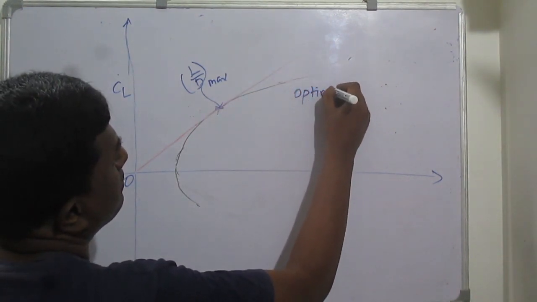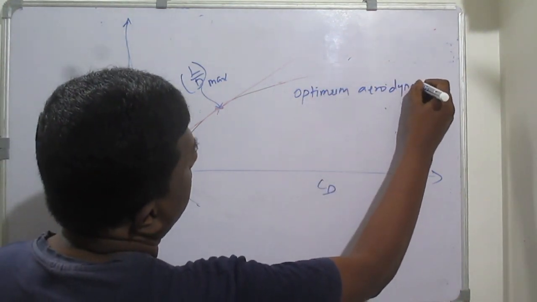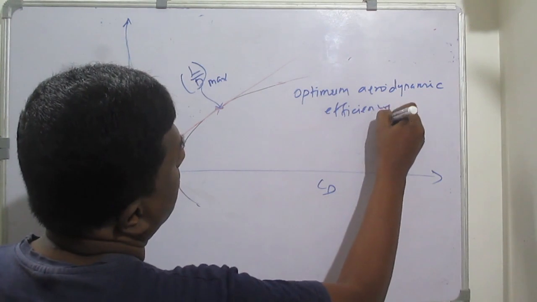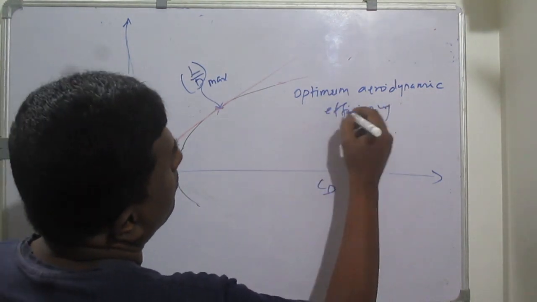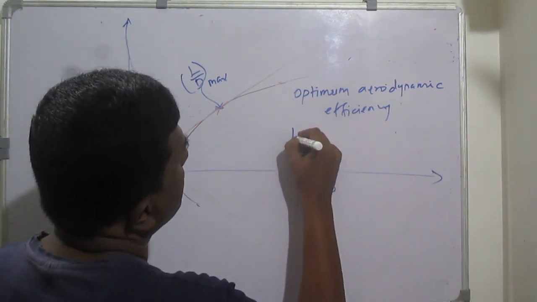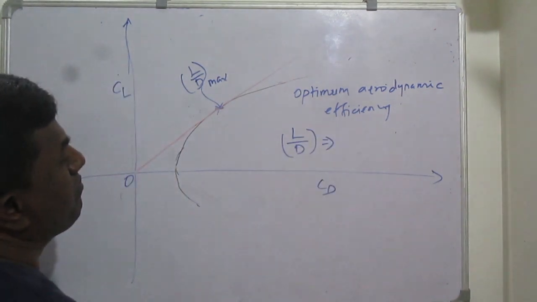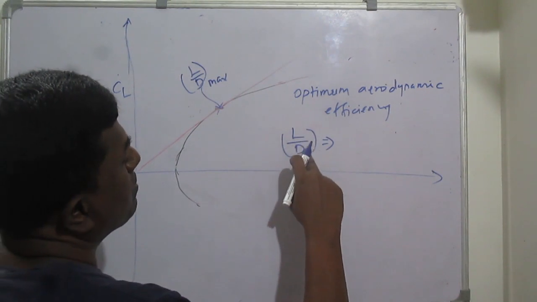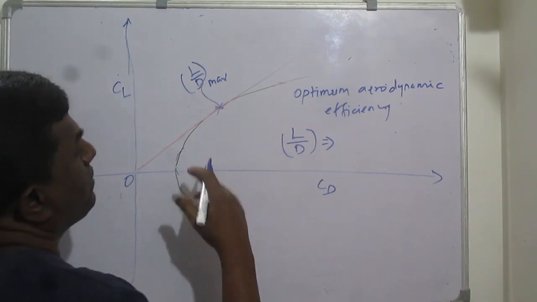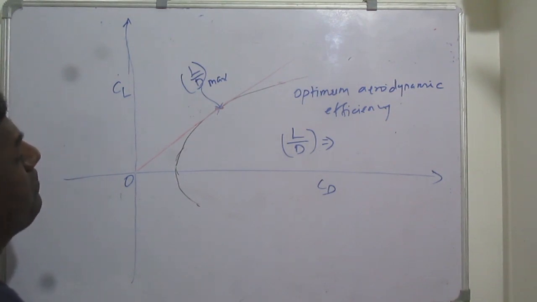The L by D ratio gives the aerodynamic efficiency, because the maximum value of the L by D ratio gives the optimum aerodynamic efficiency.